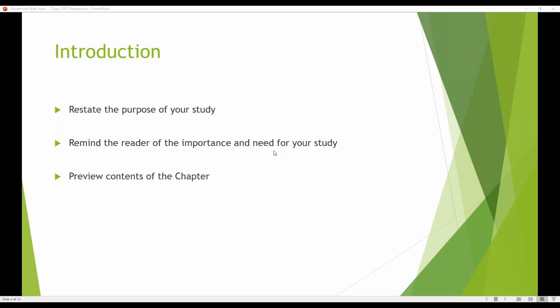Okay, so the introduction to the literature review, basically you want to restate the purpose of your study, and remind the reader of your research problem. In other words, why your study is important and why it needs to be conducted, and preview contents of the chapter, just what the chapter will include.